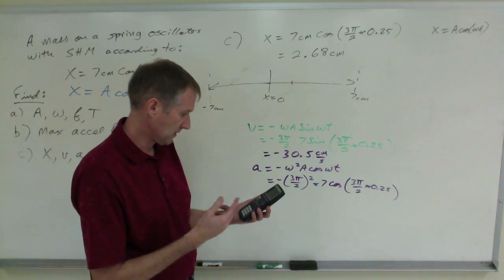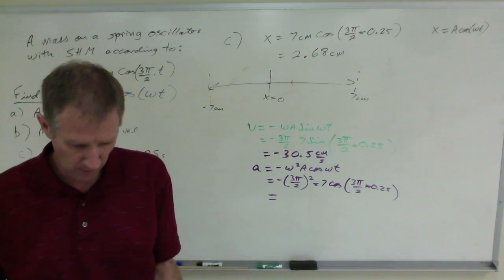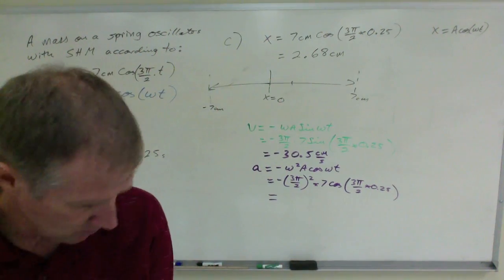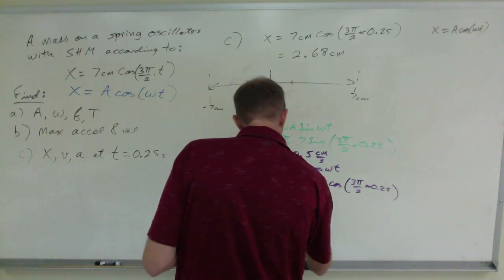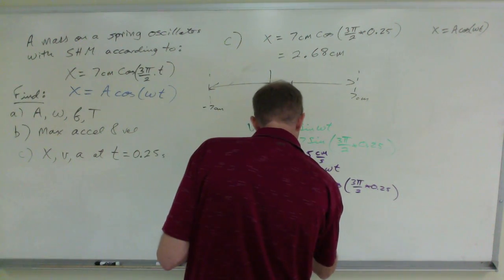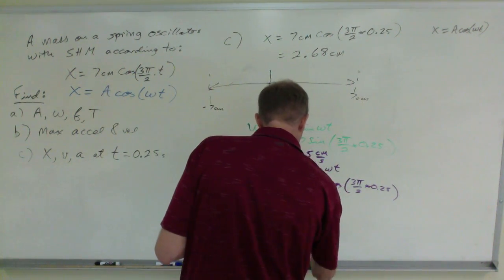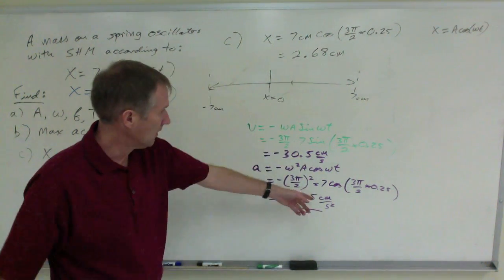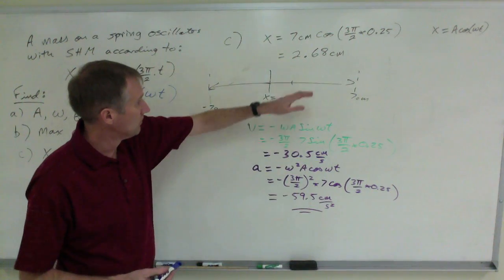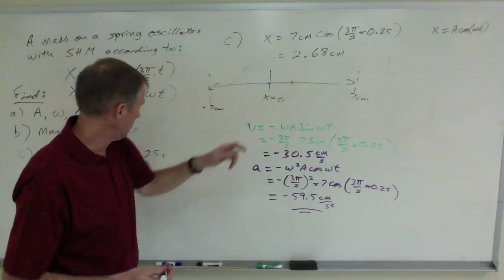And that comes out to be negative 59.5 centimeters per second squared. I just left it all in centimeters because I can. You don't have to, but just because that was in centimeters.